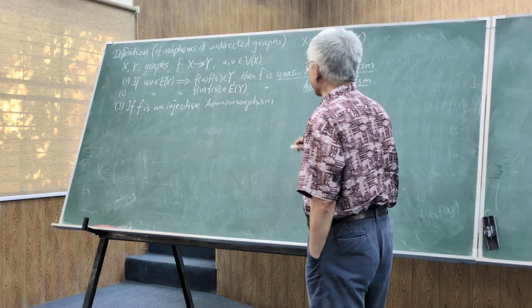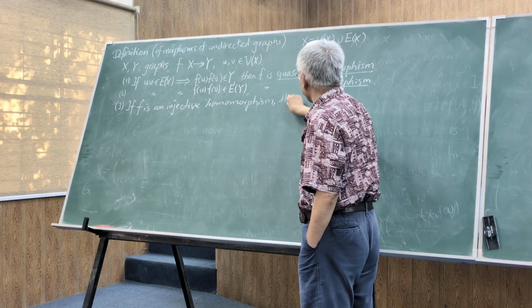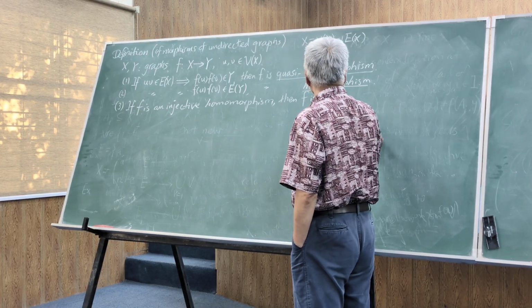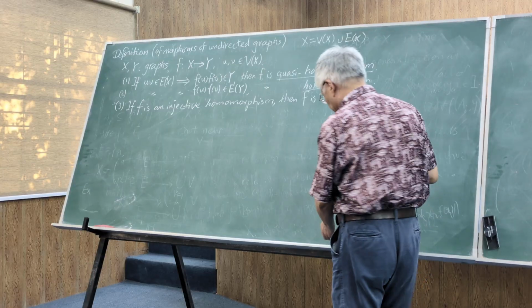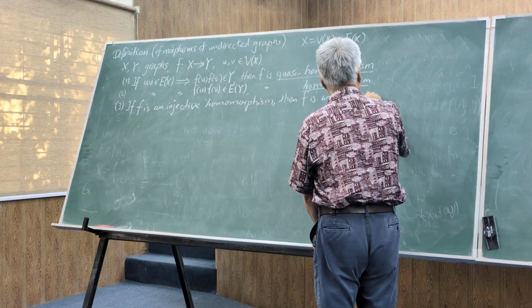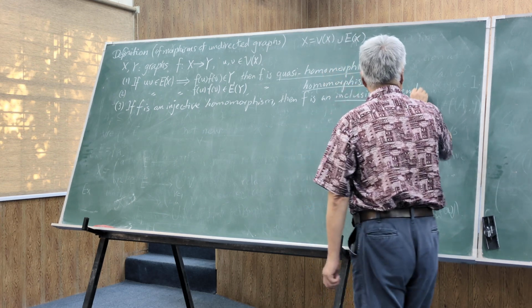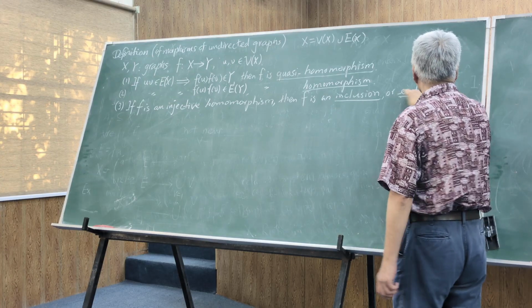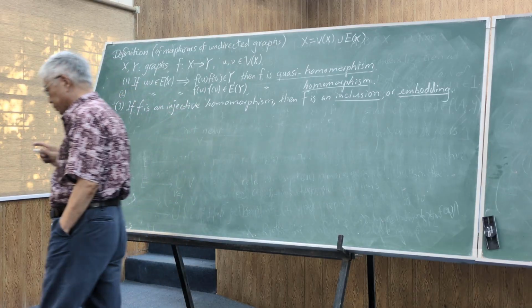This injective homomorphism is called an inclusion mapping or embedding. A graph is included as a subgraph into another. X is included as a subgraph or embedded. There are lots of embedding questions you can study. But we are not even talking about these questions in this video course.